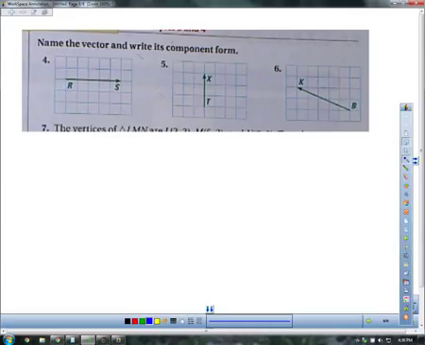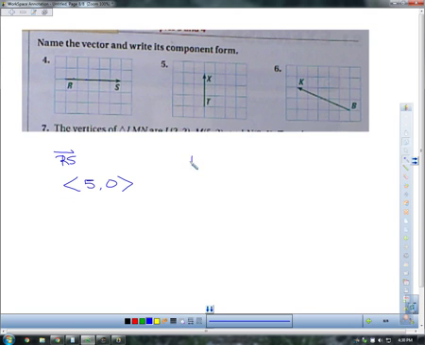So they want you to name the vector and write it in its component form. I know that this vector is RS, and I know that its horizontal component is 1, 2, 3, 4, 5, and its vertical is 0. So that's how you name that one.